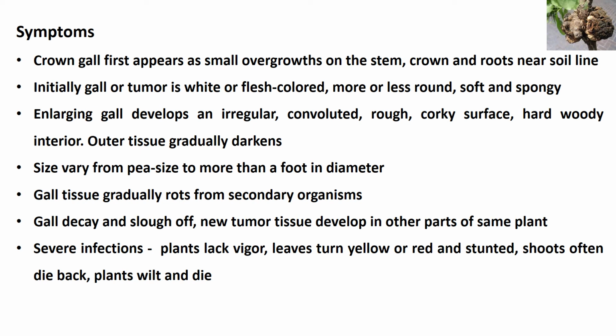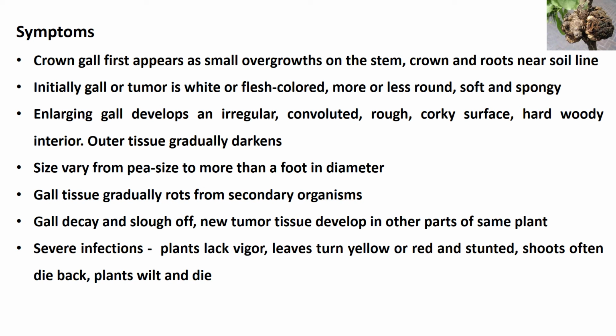The outer tissue gradually darkens. The size of a crown gall varies from pea size to more than a foot in diameter. The gall tissue gradually rots and there is growth of secondary microorganisms. It will decay and slough off, and new tumor tissue develops in other parts of the plant.